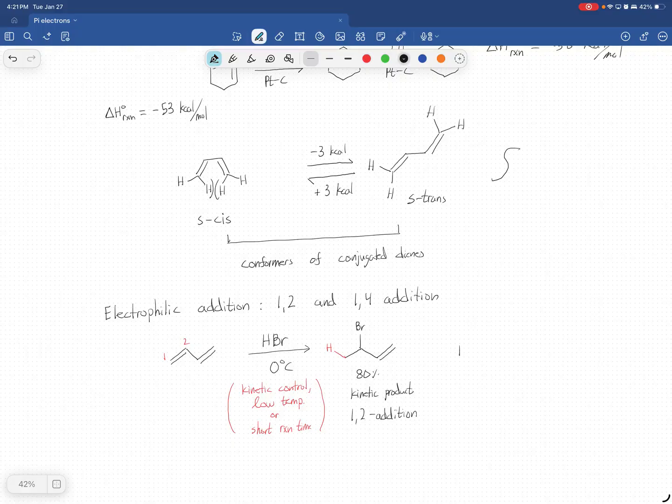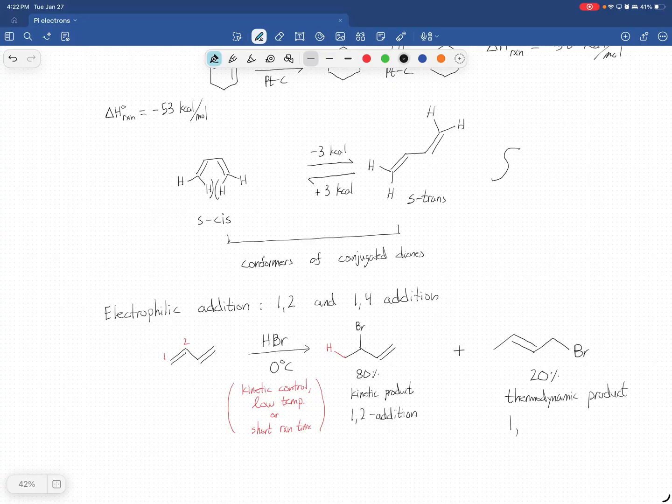All right, so now the other product that forms is the thermodynamic product, but in much lower yield, 20%. So there's a big discrepancy there. We can push the reaction to one product, which is useful, especially if the products form a mixture. This is called the thermodynamic product.